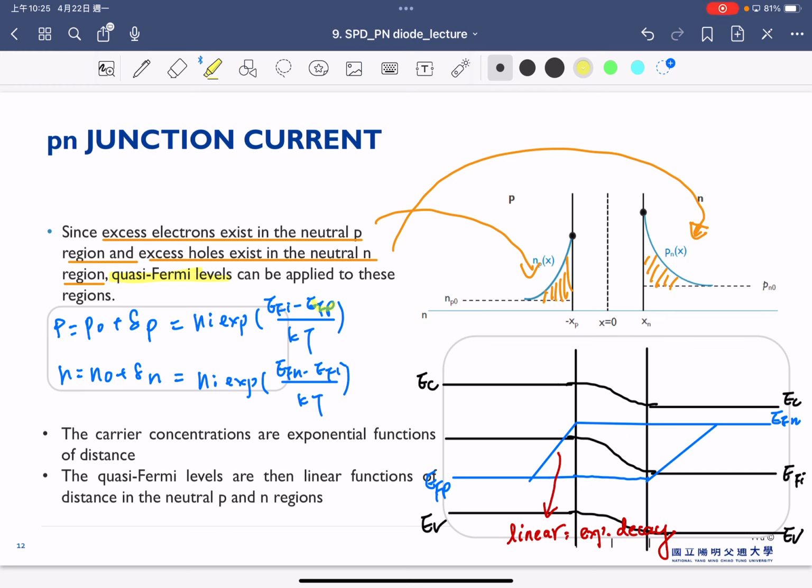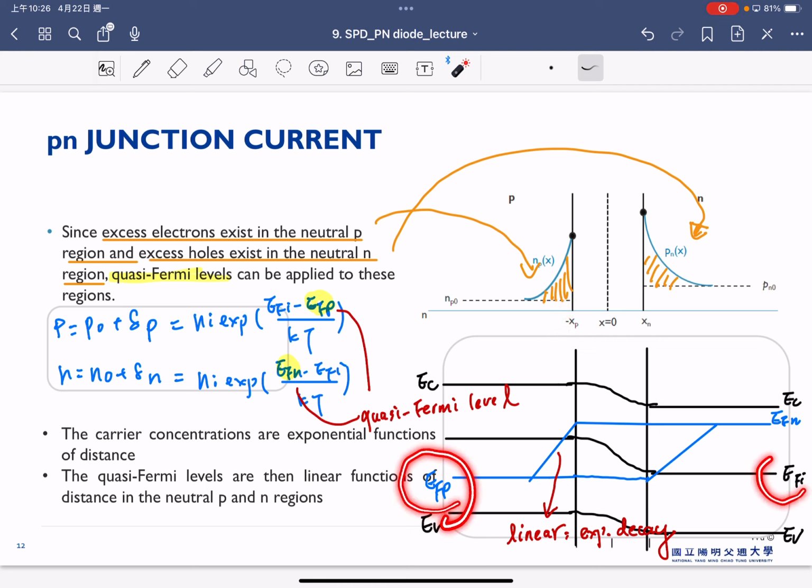So this is EFP, this is EFN, the quasi-Fermi level. So that's a case where we try to rebuild the band diagram from the knowledge of the minority carrier concentration. So we have to consider the quasi-Fermi energy here, and this linear behavior is because the concentration is exponentially decaying.